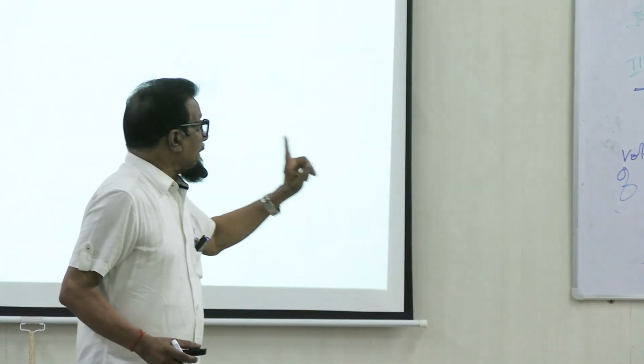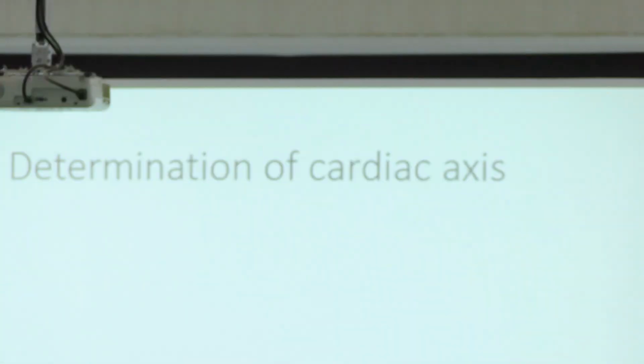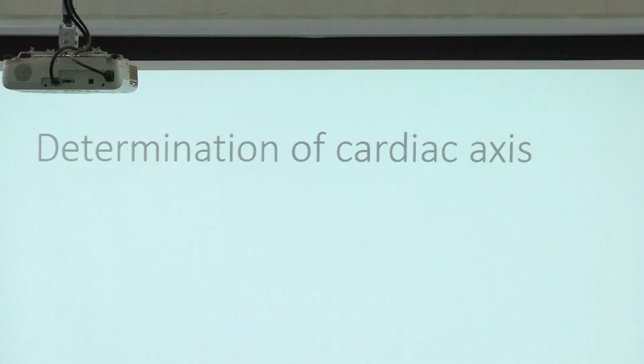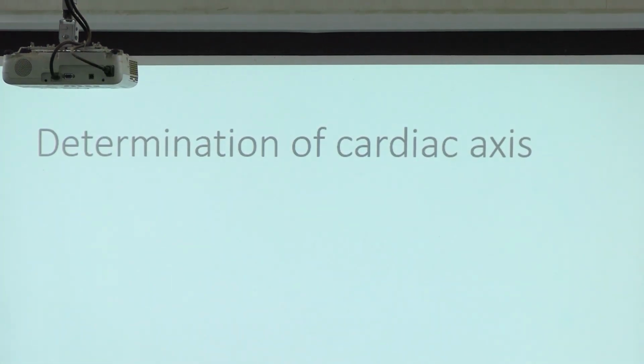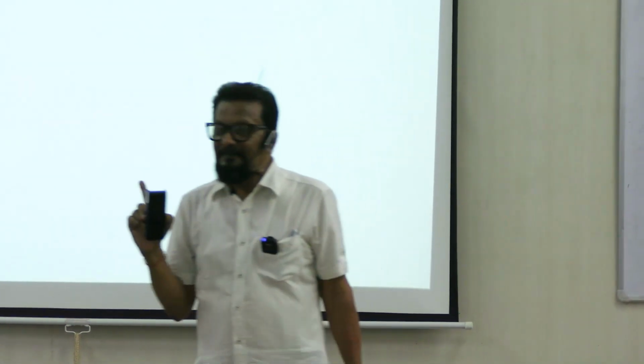Now, by determining the axis, we can say whether it is normal or there is LAD or there is RAD. If QRS is mainly positive in lead 1 and also in aVF, the axis is normal.